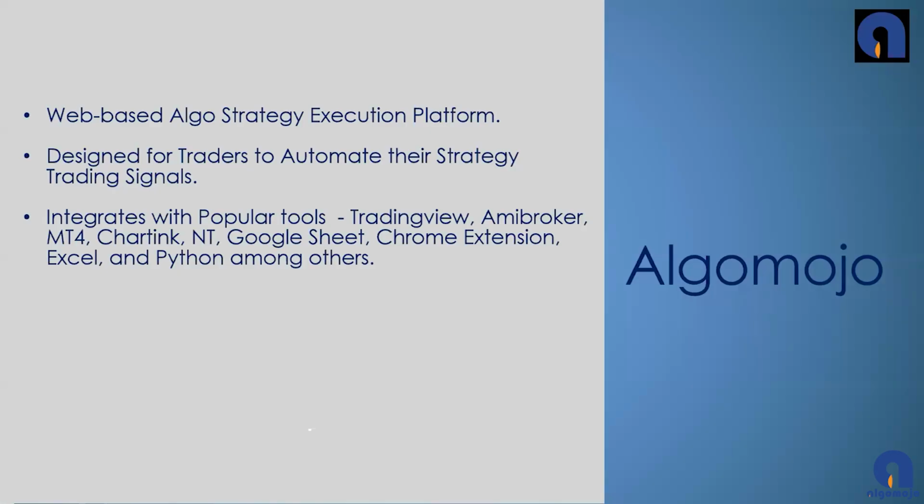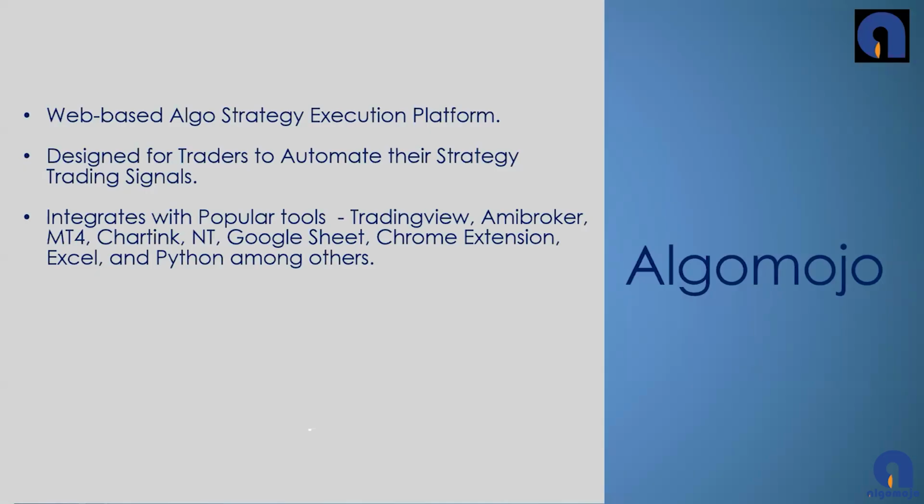You need not have any kind of coding or programming knowledge to use our platform for automation. All you have to have is a good strategy or an indicator or a study that you would like to use for placing orders. You need not worry about opening the code and making modifications so that those signals will get placed in your broker account. Nothing of that sort.